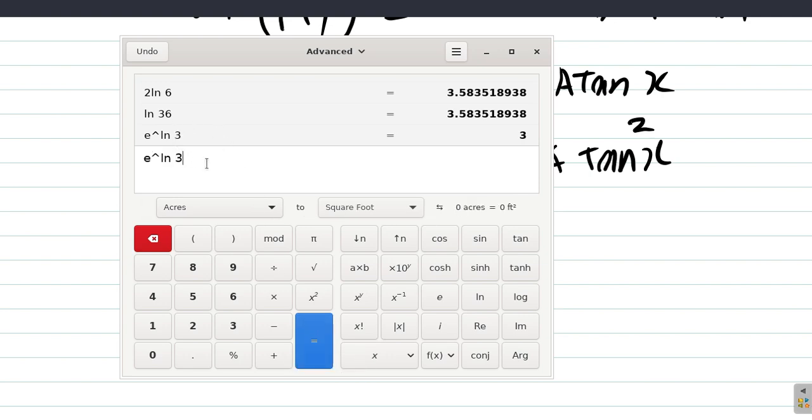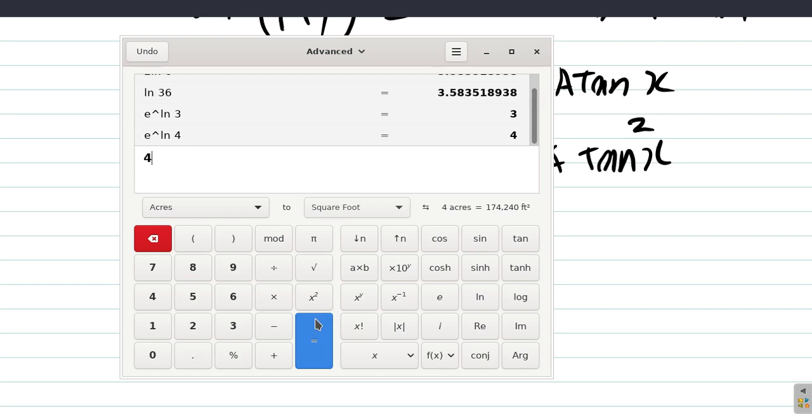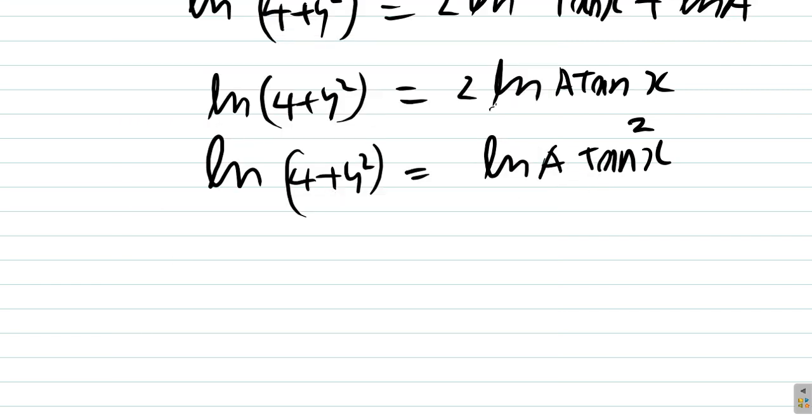Suppose we had e raised to the power of ln 4, what would we get? 4, and so on. So e to the power of is the anti-logarithm, and ln of the number is the logarithm. So the anti-log and the log cancel each other, just like how square and square root cancel each other, and so on and so forth.